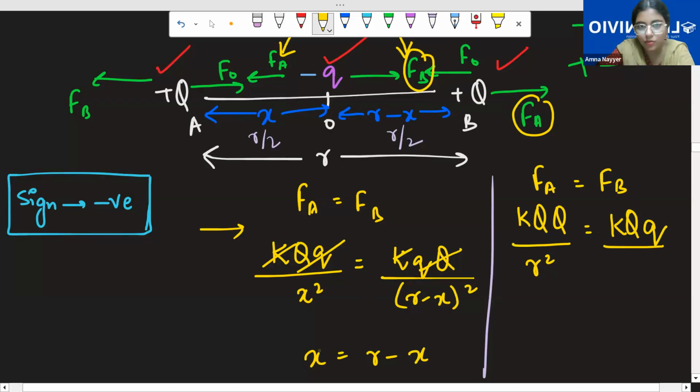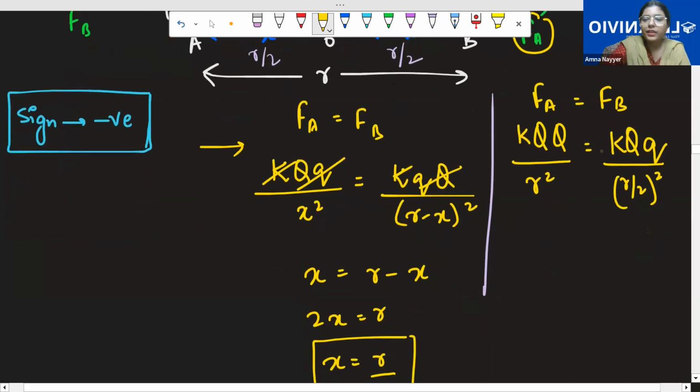R square. R means separation between the charges. Now, Jyobita, look at the figure between small q and capital Q. Have we got the separation? Yes. And what is it? R by 2. Exactly. So it will be R by 2 whole square. Okay, that's what you had to do.